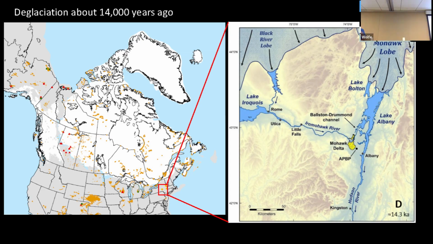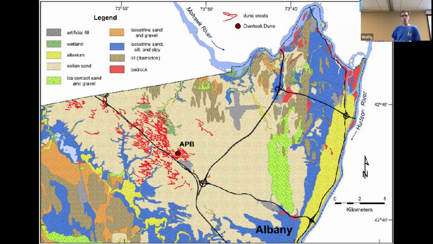A combination of Glacial Lake Albany, which deposited lake sediments, and these river sediments were the potential source of materials to form our dunes in the Albany area. And of course, remember, we also have the area up here in Saratoga. So the Saratoga ones are going to be young, about 14,000.